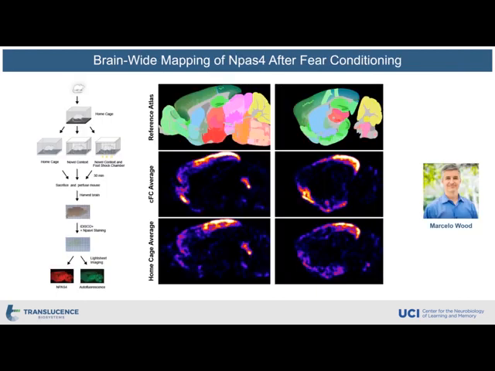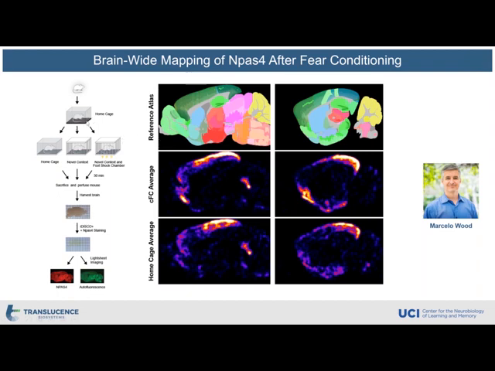Together with a colleague here at UC Irvine, Marcelo Wood, who is an expert in the molecular mechanisms of learning and memory, we looked at NPAS expression after fear conditioning.